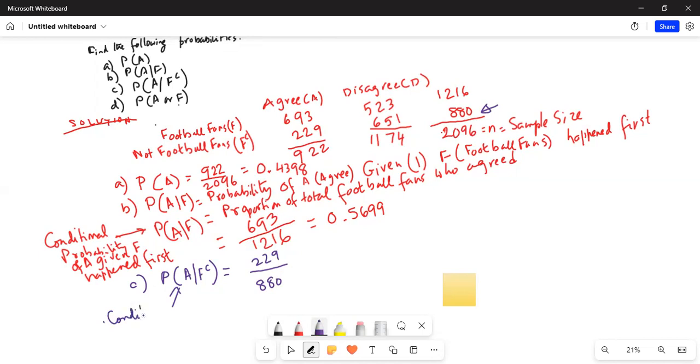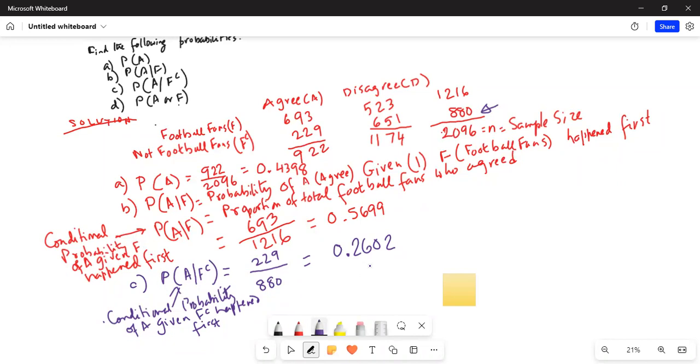Conditional probability of A given F complement, that is not football fans, happened first. And that is equal to 229 divided by 880, which is equal to 0.2602. What does it mean? About 26% of the not football fans agreed.